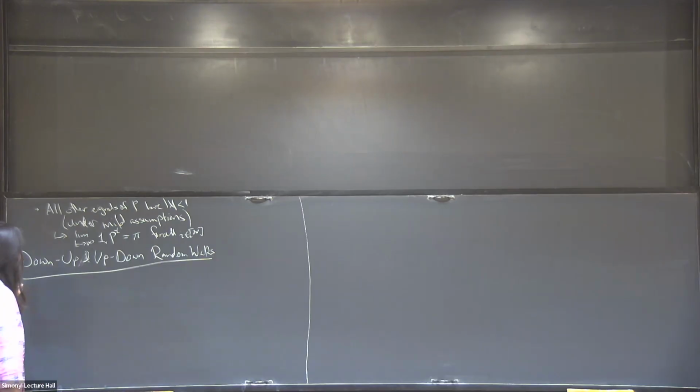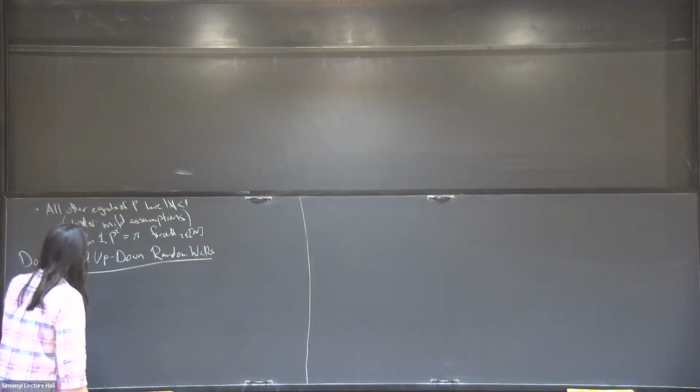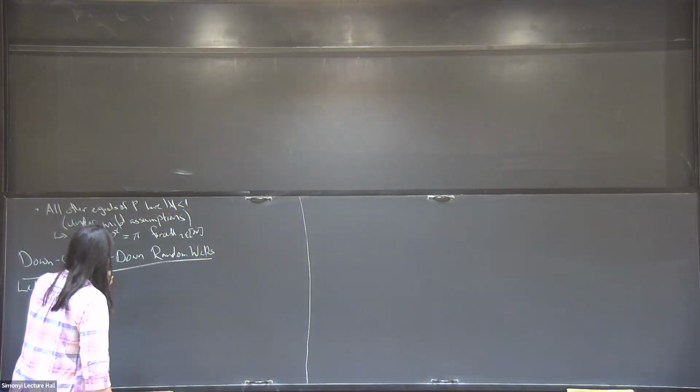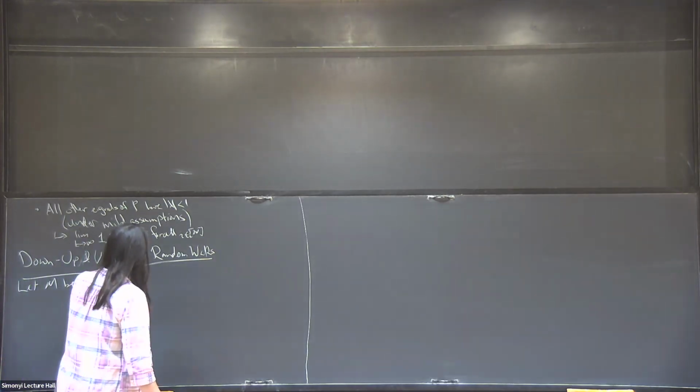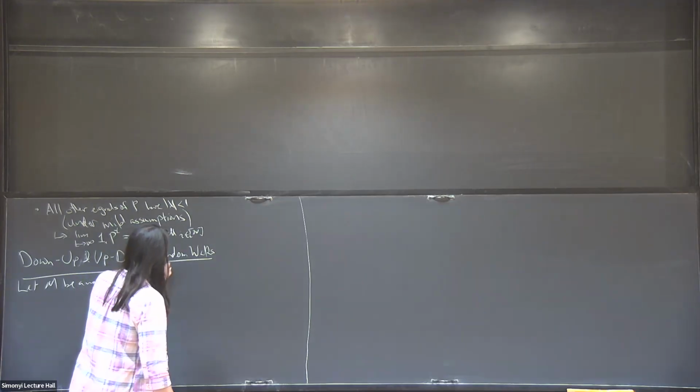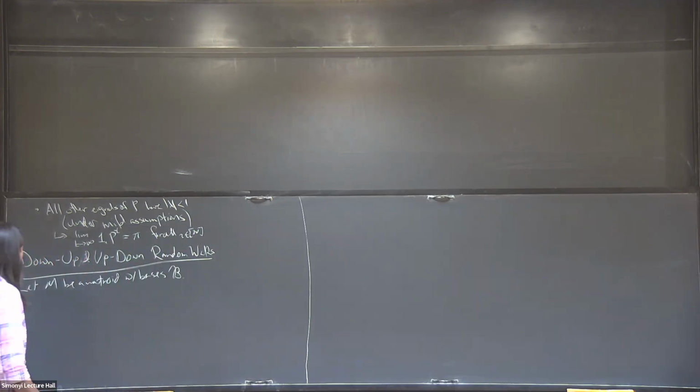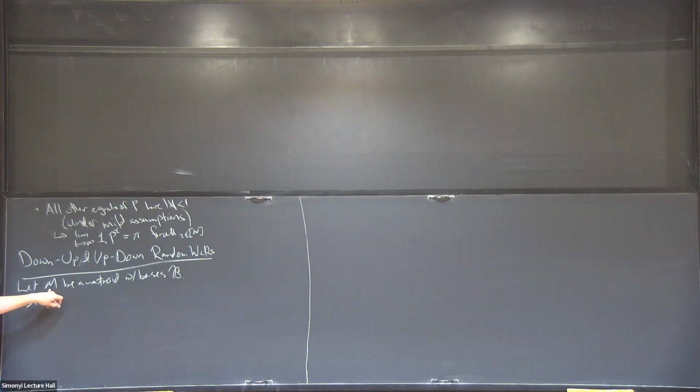So we're going to define, let M be a matroid with bases of rank D. And I'm going to define the set of independent sets of M with a given size.